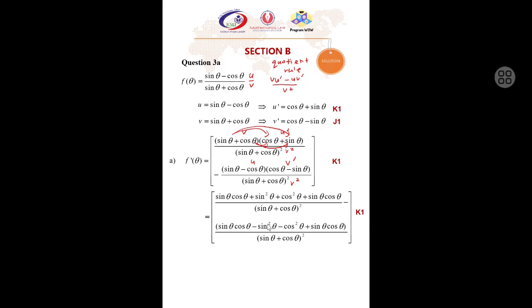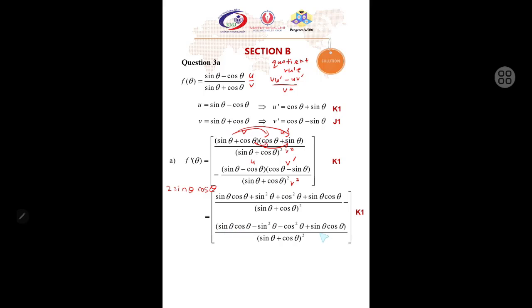And then you can see that from here we can simplify our function. Sine theta cos theta plus sine theta cos theta is actually 2 sine theta cos theta. And then you have minus sign here.